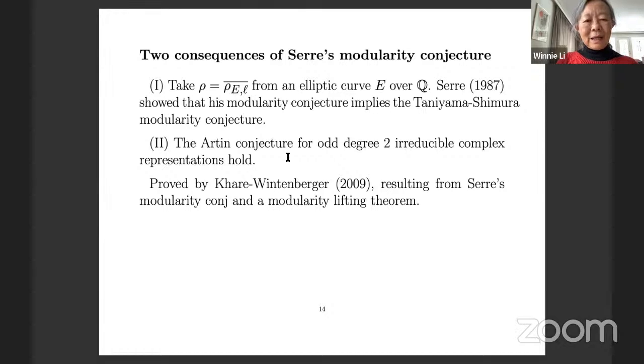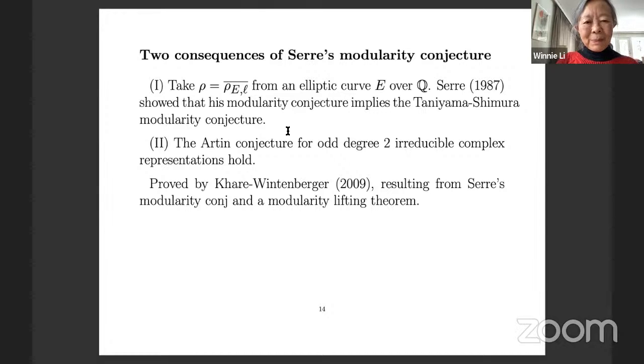And the second consequence is what I talked about earlier, that the Artin conjecture for odd degree 2 irreducible complex representations holds.